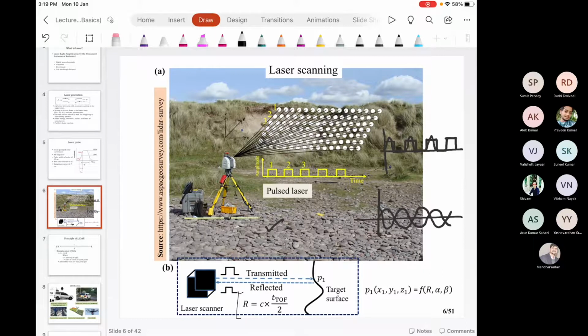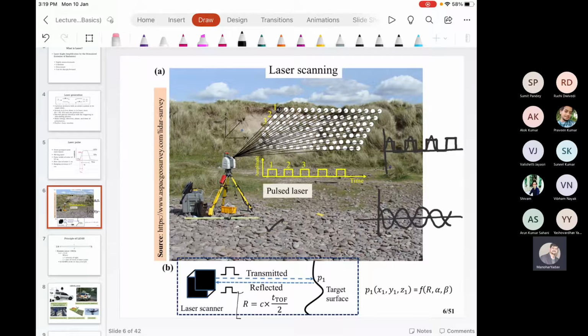How can we calculate the coordinates of a particular point? Let's say the point is located at position 1. When the laser beam is transmitted, in this case we have considered a pulse laser.